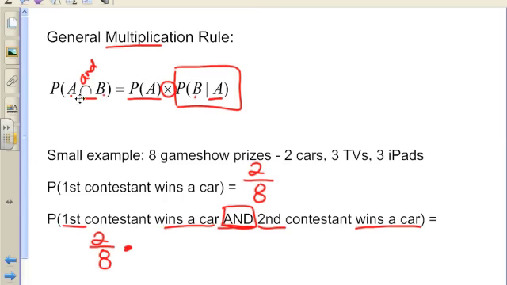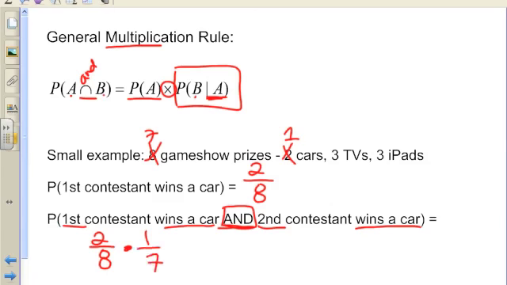So things have changed. That's what I mean by this given A. Given the first person won a car, that means that car is gone. There's only 1 car left, and there aren't 8 prizes anymore. Now there are 7 prizes. Okay, things have changed. So now the second contestant winning a car would be 1 out of 7.